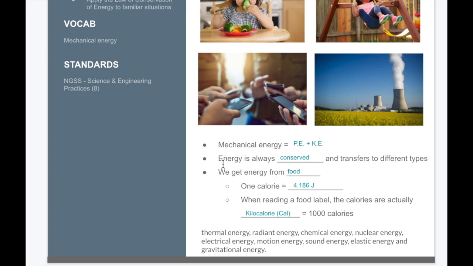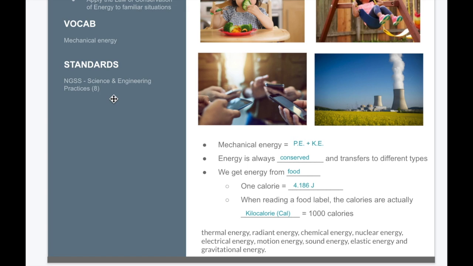Okay, so energy is always conserved and transferred to different types. And so that's what we're going to talk about, the transferring of different types with all these different pictures. Okay, and so a lot of times it can actually convert back and forth between potential energy and kinetic energy.